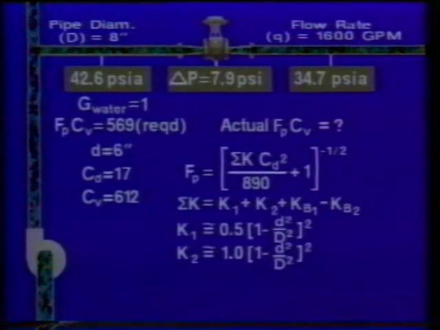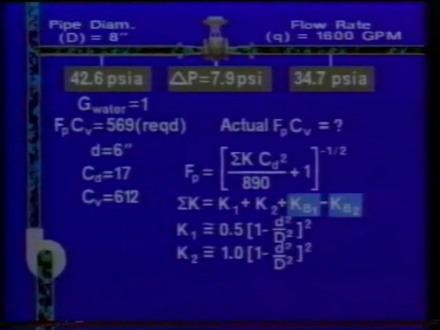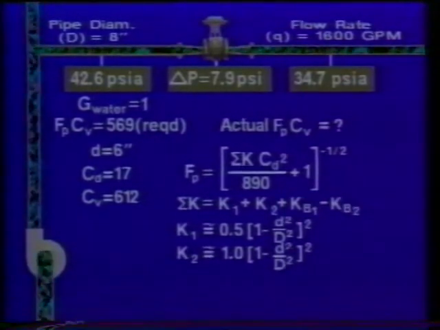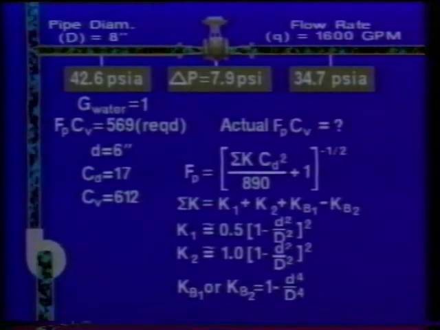The factors k1 and k2 can be approximated by using these two formulas. Factors kb1 and kb2, the Bernoulli coefficients, are associated with the valve inlet and outlet respectively. Each can be found with this formula by using the appropriate valve size and pipe diameter.